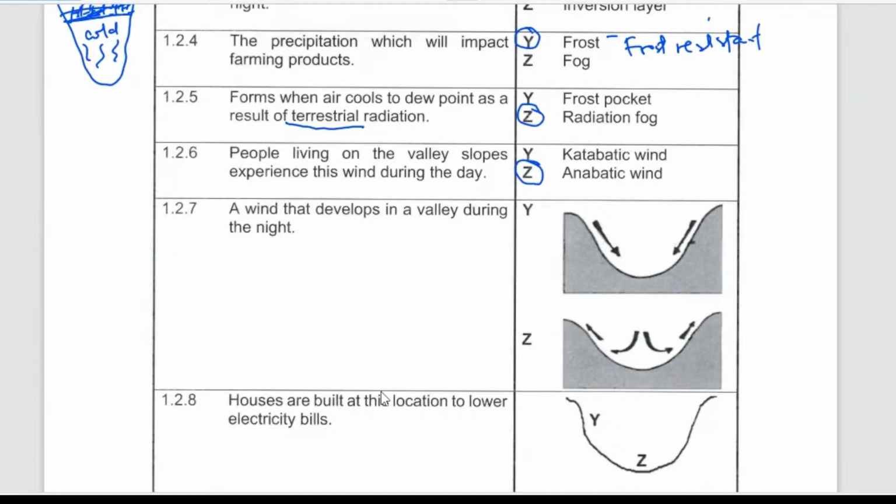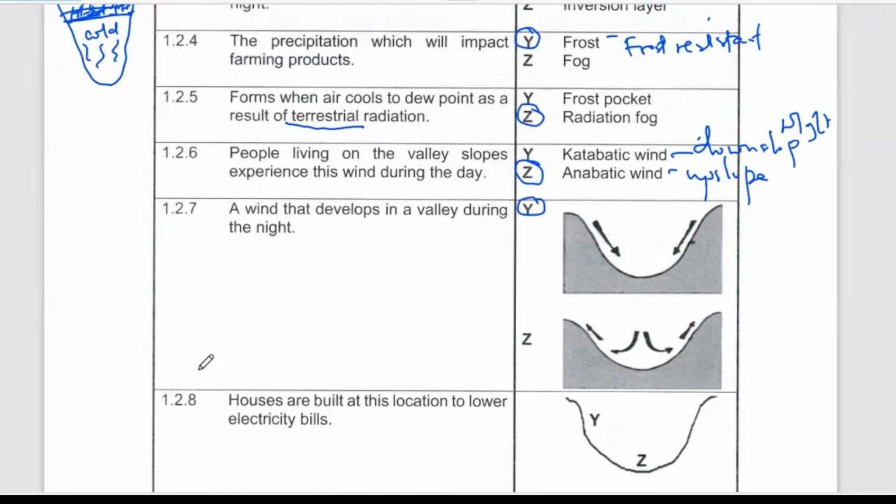This is an upslope wind, and it's a day wind. This one is a downslope wind, which is typical of night conditions in the valley. So it's anabatic. Then moving on to the next question, a wind that develops in a valley during the night. The night is a downslope and is typical of the wind at Y, which is katabatic.